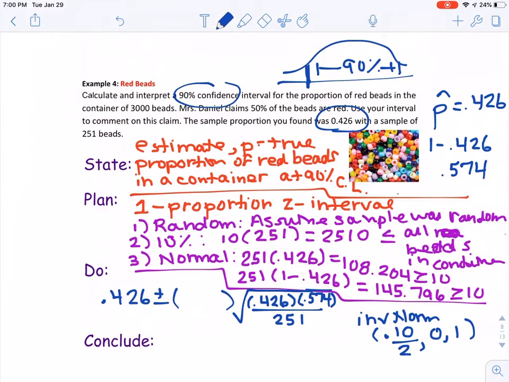Okay, of course we know that's the area, that's the mean, that's the standard deviation. Okay, if we type that in, we get the z-score to be that 1.645. Okay, that's what I'm going to fill in here, 1.645. All right, so we're going to type into the calculator.